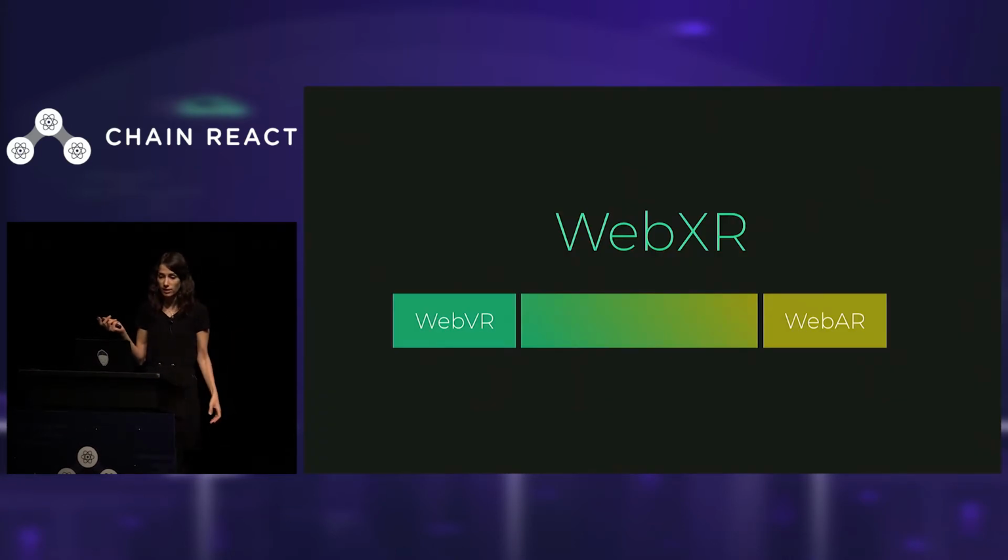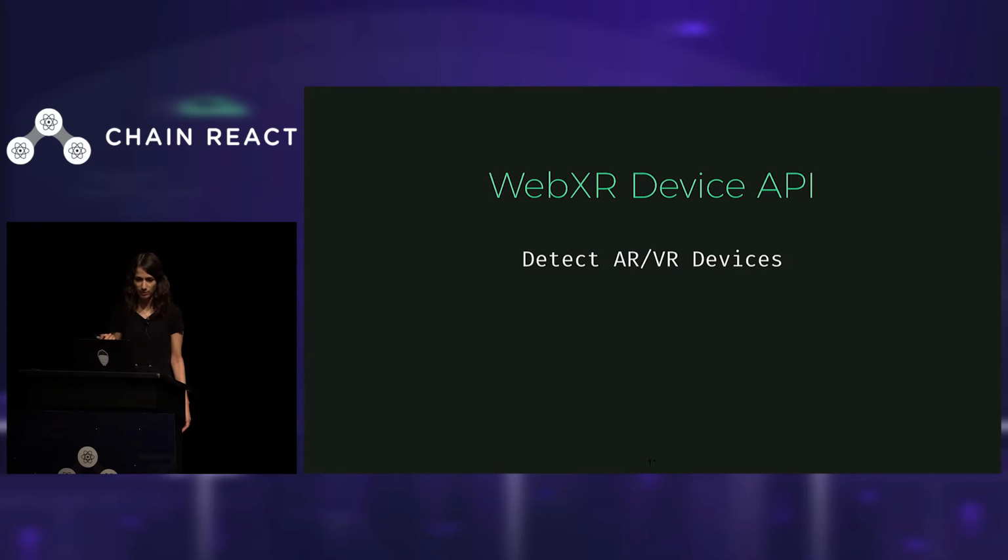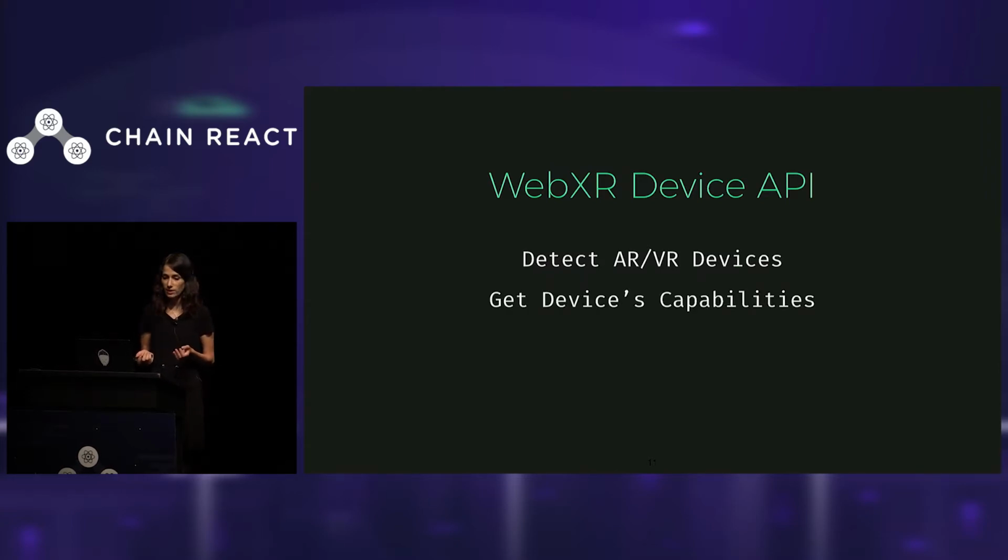So as you can see, the X can stand for everything and maybe even for technology we do not even think about today. But what we can do today is write virtual and augmented reality apps with JavaScript. Therefore, the W3C Immersive Web Community Group is working on a new API called the WebXR Device API. This API aims to detect devices with virtual or augmented reality features and get their capabilities.